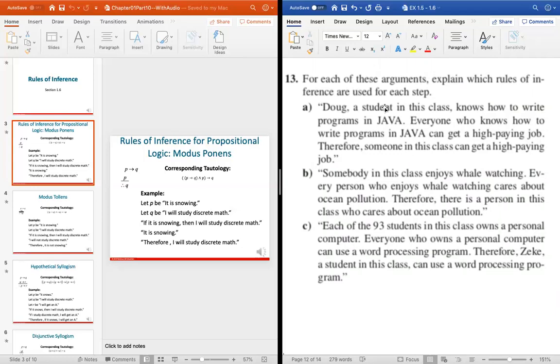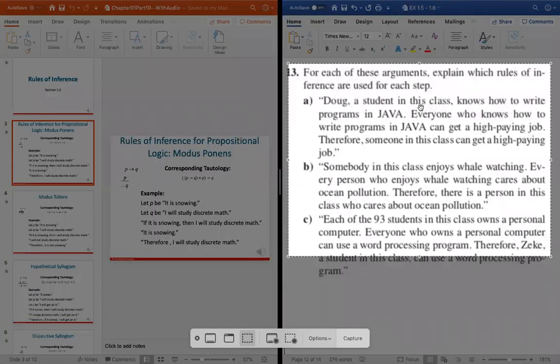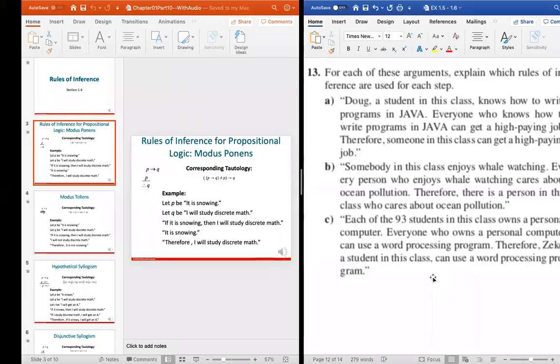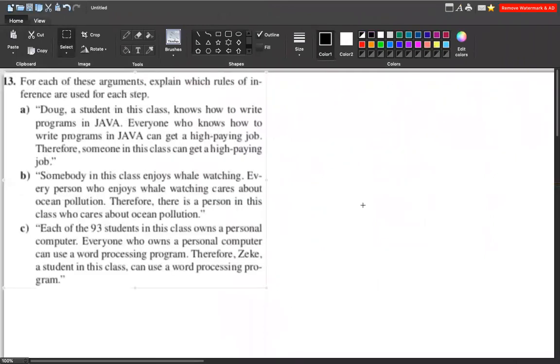So let's take part number A. Doug, a student in this class, knows how to write programs in Java.